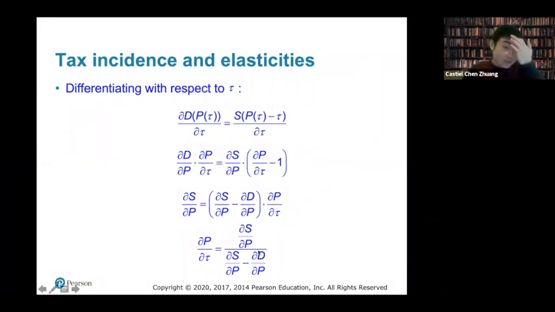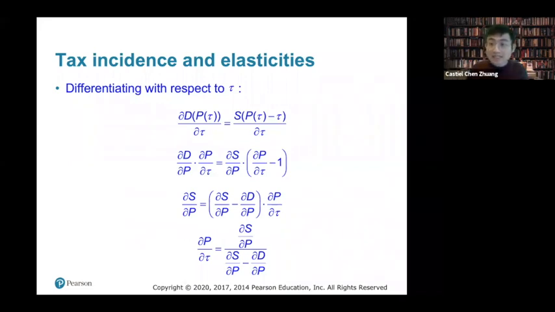And I will not spend more time on the derivation, but I will tell you why dP over d tau is the tax incidence on consumers. Because P is the price paid by consumers, right? And this equation is telling us how much the price will increase for consumers when there's a sales tax, right?